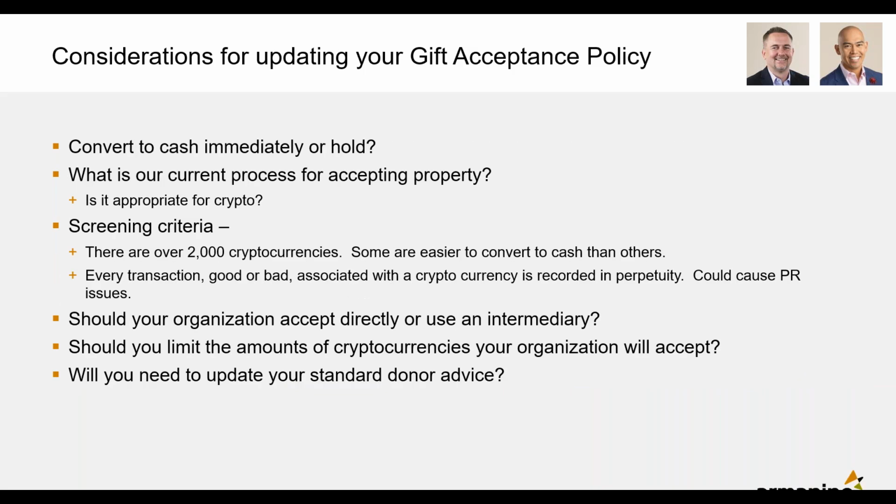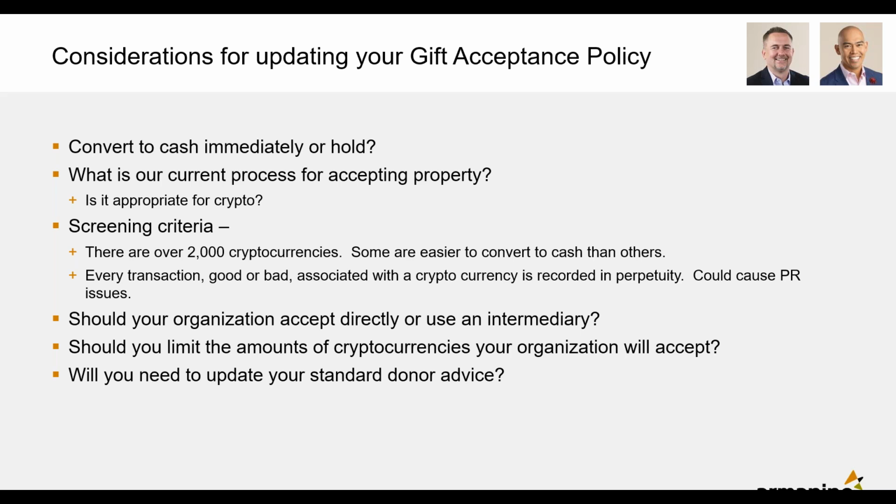So obviously you're going to need to update your gift acceptance policy, and you need to think about what those changes will be. So are you going to convert to cash immediately, or are you going to hold it? Is your current process for accepting property appropriate for crypto? Should you limit the amount of cryptocurrencies your organization will accept?